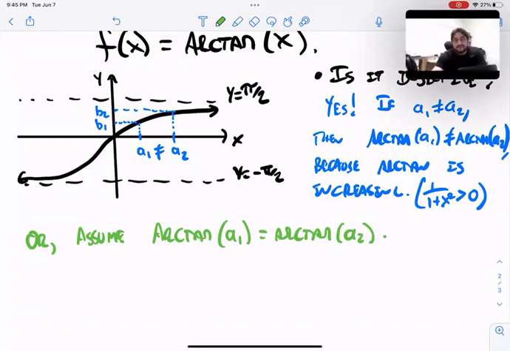Then what would I need to prove in order to show that this is injective? Well, we need to show that A1 equals A2. Okay, well, take the tangent of both sides.